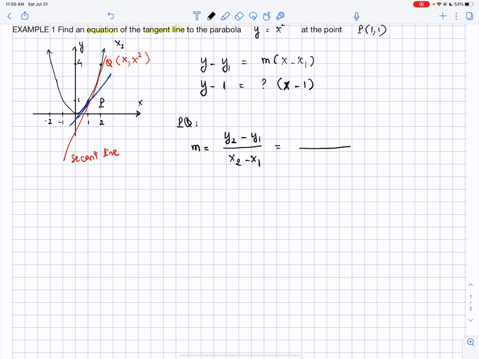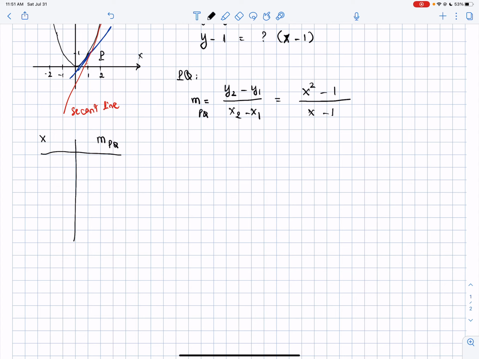So then I will approximate the point Q. This is the x part of the point Q, and this is the slope of the secant line PQ. We're going to choose the point Q such that it's close to the point P. So the point P is 1, close to 1 is 2.